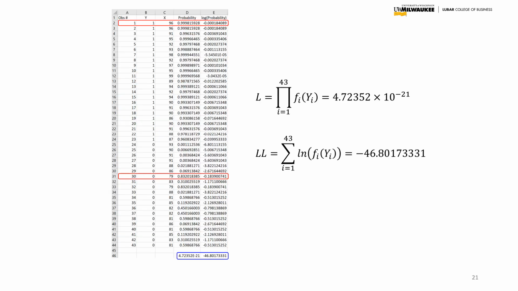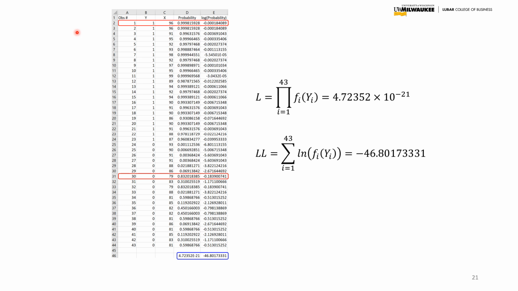Here are the two examples that we just did. Observation 1, where we see the outcome is y equaling 1 and the test score 96, and the model giving us the probability we calculated based on those trial parameters, and then we see the log of that probability. Here's the 30th observation where y equals 0 with a test score of 79 and the probability that the model gives of getting a 0, and we also see the log of that probability.